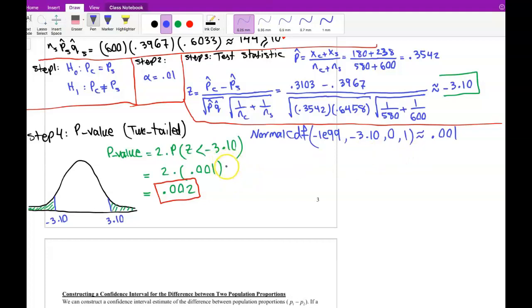And then after that, step 5, is that p-value less than alpha.